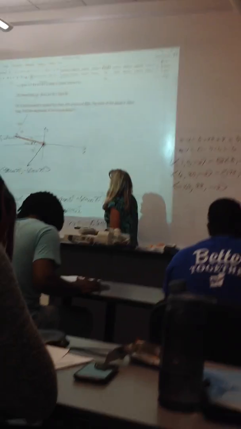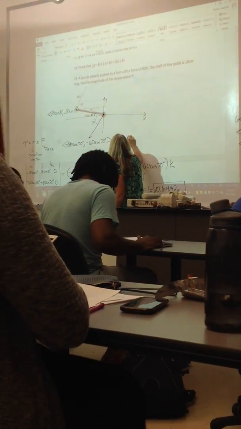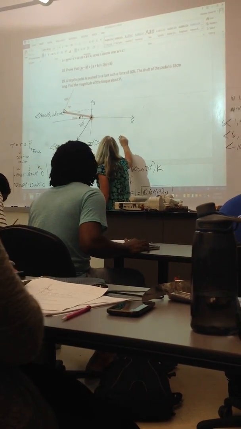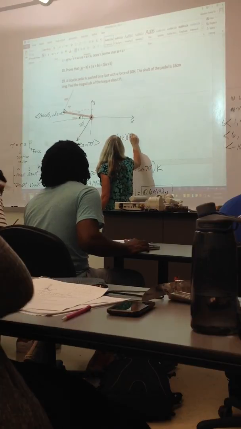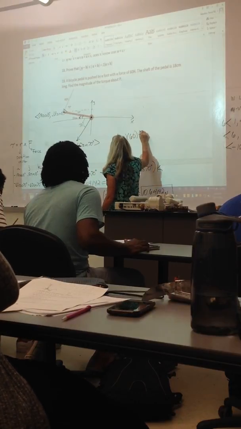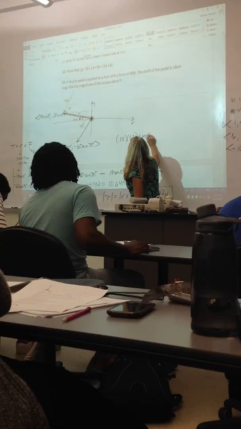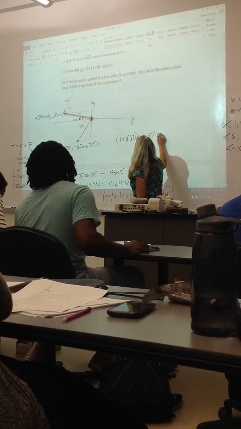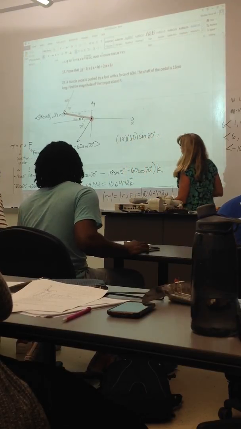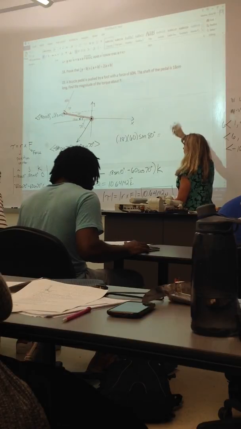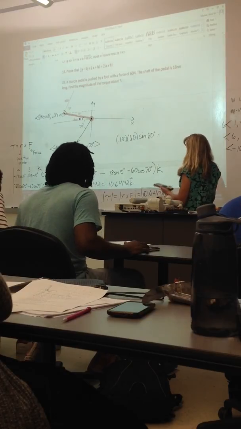all right, if you did it the way the book intended us to do it, we would multiply 0.18 by 60, and then take sine of 80 degrees. Where am I getting 80 degrees? 70 and 10. Exactly, it's the angle in between them. So the angle in between them is 80 degrees.